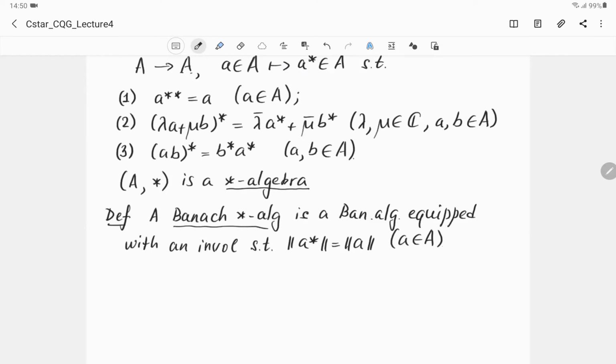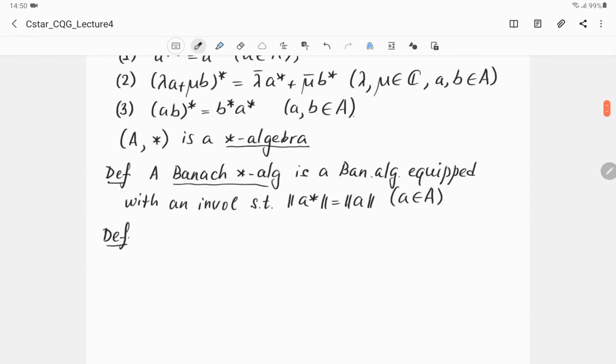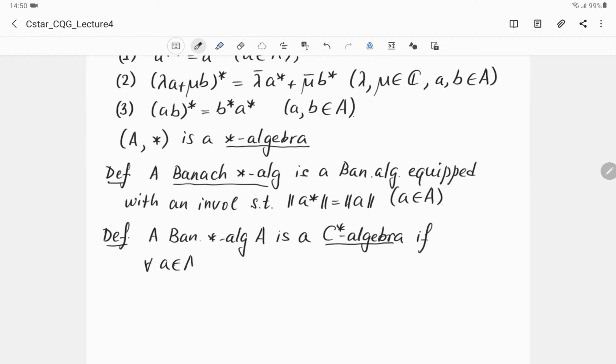Okay, and finally, let's give our main definition. By definition, a Banach star algebra A is called a C-star algebra if for each element in our algebra, the following identity holds: the norm of A star A equals the norm of A squared.